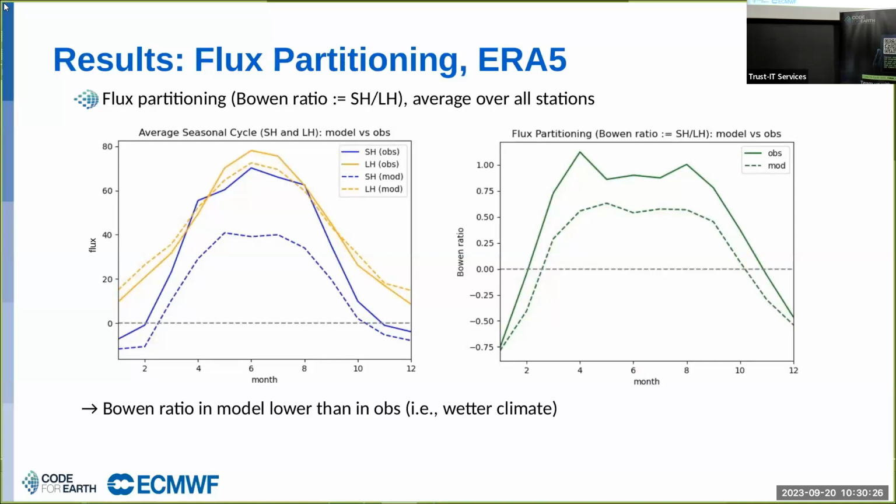If we now look at the ratio on the right side, we see that the obs has a higher Bowen ratio than the model for every month. The difference is especially dominant during spring and summer. This shows that the model has a lower Bowen ratio on average, which indicates a more wet climate.